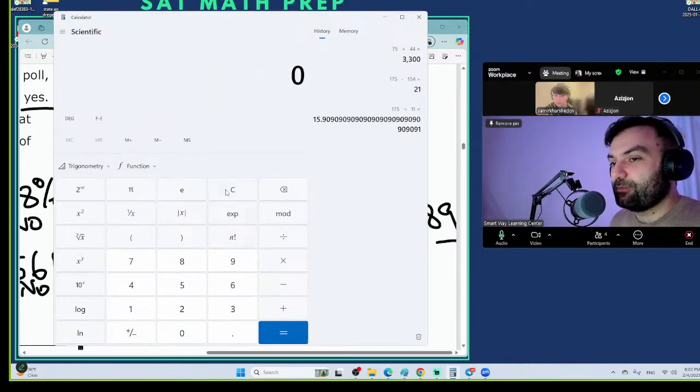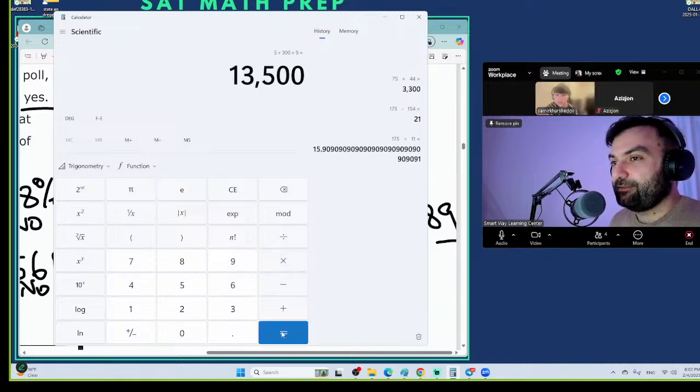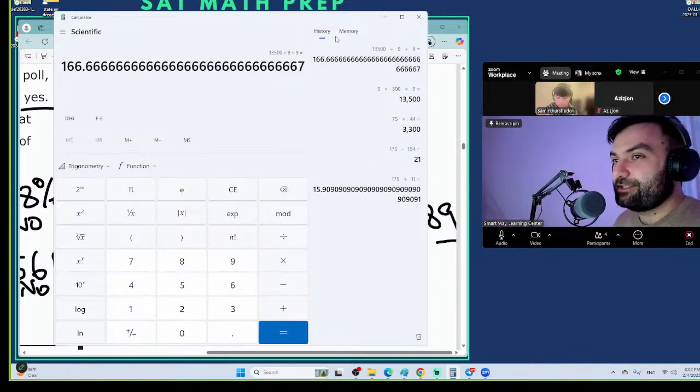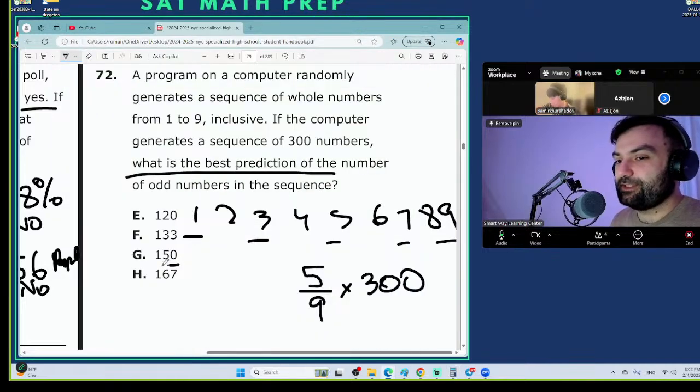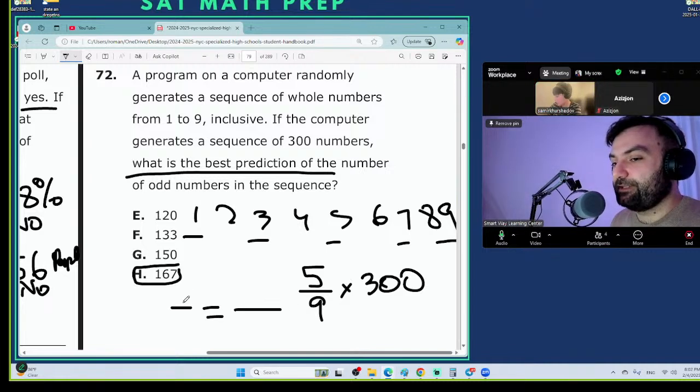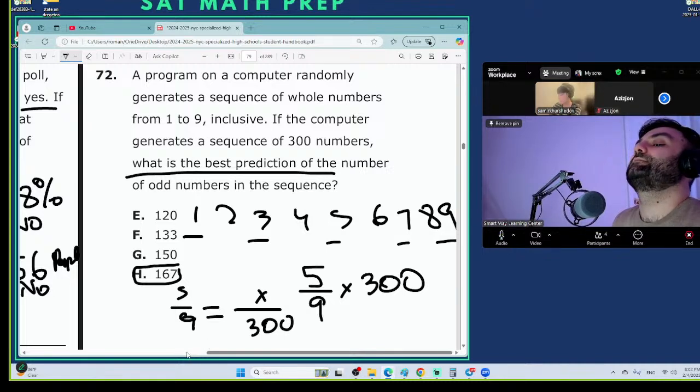And that can be proven on the calculator. 5 times 300 divided by 9. 166.6, which is 167. The proportion would be like this: 5 over 9, x over 300. Like that. That would be a proportion.